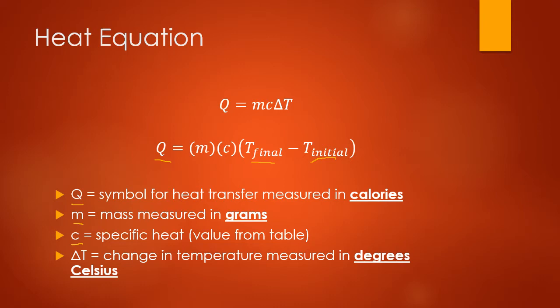In this particular lab, we'll be looking at water as our substance, and since specific heat is dependent upon the type of substance we're using, we'll use the specific heat of water, which is 1. Delta T stands for change in temperature, and we're going to be measuring temperature in degrees Celsius.